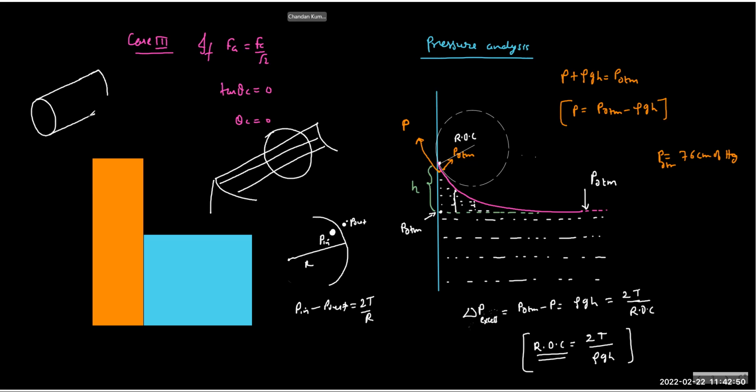If you remember the Laplace equation, right? Using the Laplace equation, this radius is R, and this radius is infinite. So Laplace says that the excess pressure is T into 1 by R1 plus 1 by R2. In our case, the excess pressure will be T into 1 by R plus 1 by infinity, and the answer is only T by R. So I have to change the small part, and this will be T by R. Yeah, this is now correct.